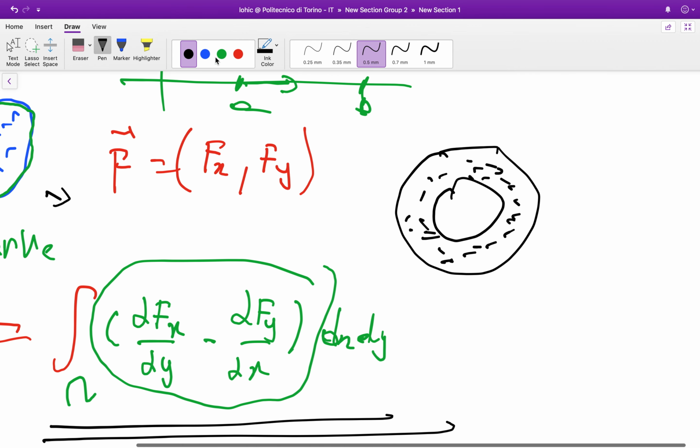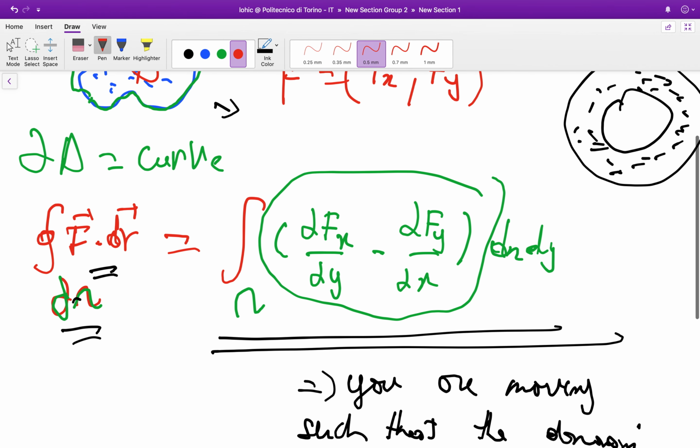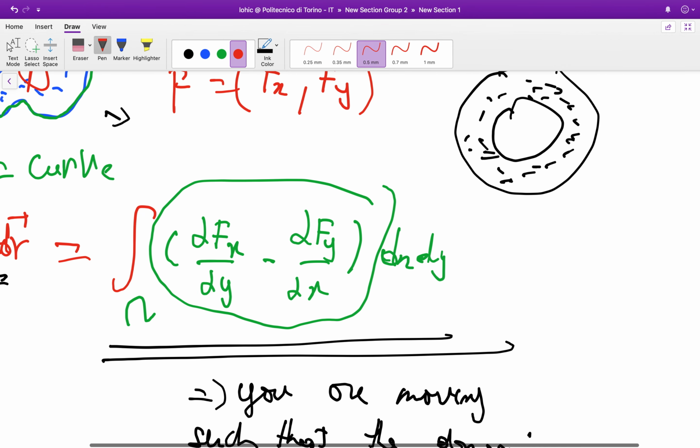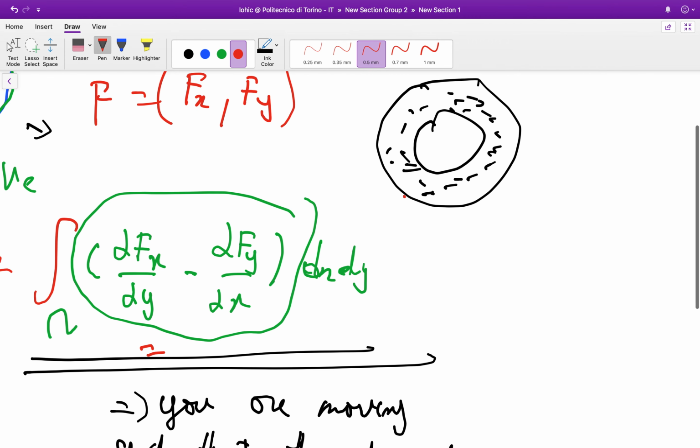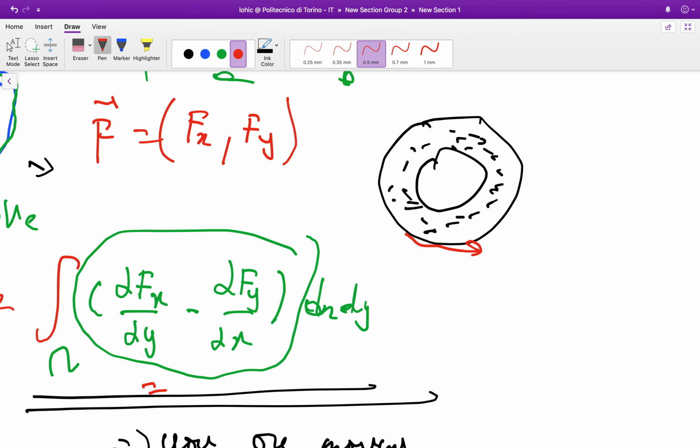In this case, if you do this integral by using this formula, you will integrate counterclockwise.